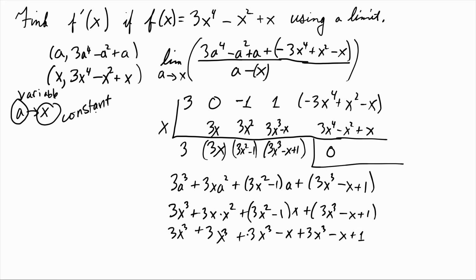Collecting like terms, we end up getting 12x cubed minus 2x plus 1. And we've just computed the derivative using synthetic division.